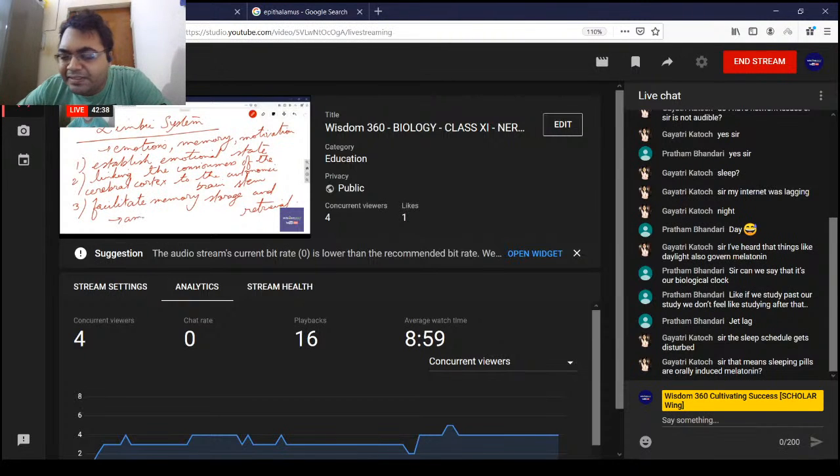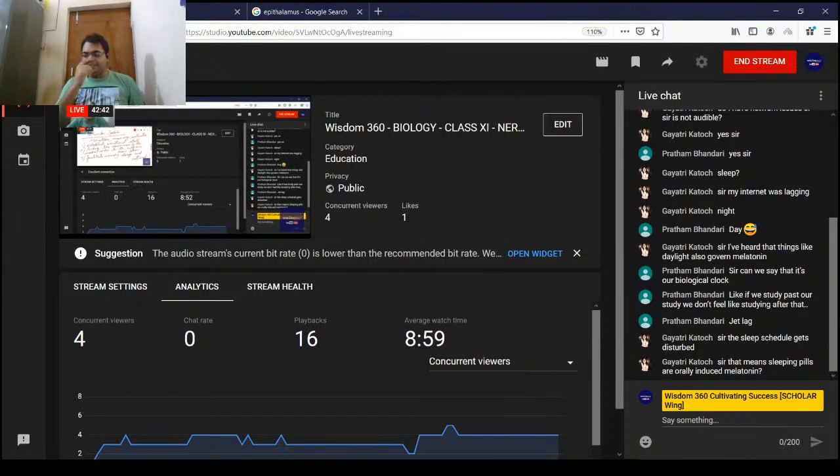Most of the sleeping pills, Gayatri, are not orally induced melatonin. I'll tell you, because in later classes when I start teaching the neuron and neurotransmitter, you'll be able to understand a bit more. Melatonin will induce sleep, but for sleep to completely happen, you need the theory of current propagation in neurons.